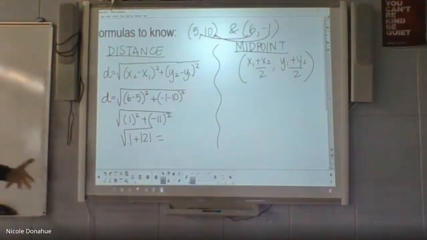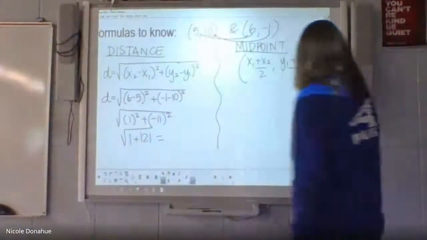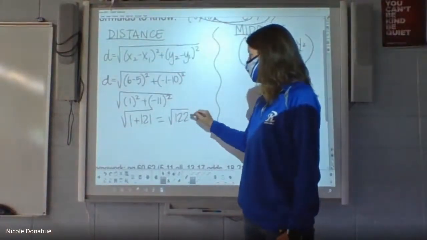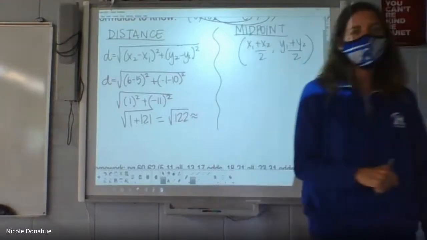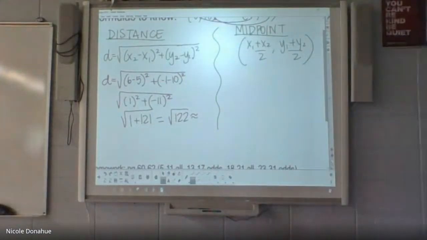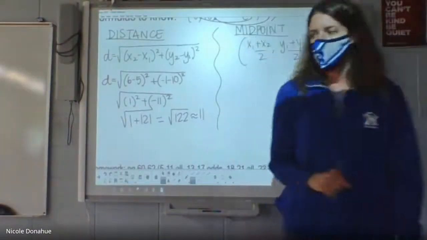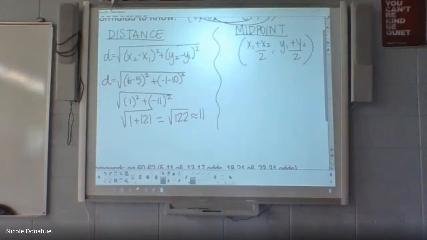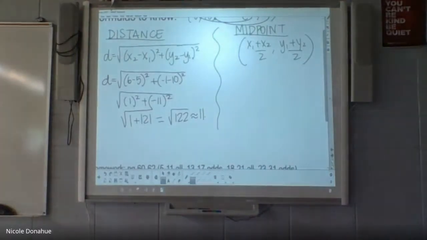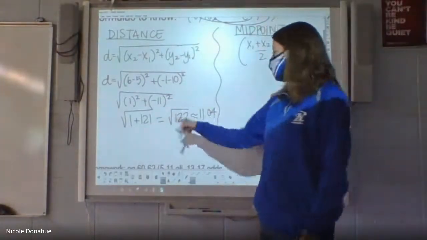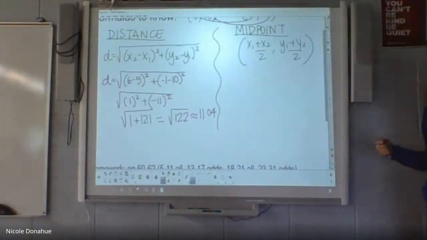This is why we want our calculators, because this is not going to be a nice number. We end up with 122. I'm going to take the square root of that in my calculator, and I get about 11 point something. Anyone do it? What'd you get? 11.04. Oh, so almost exactly 11, but not quite, because the square root of 121 would be 11.